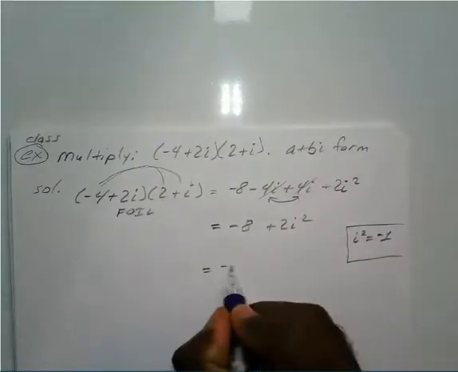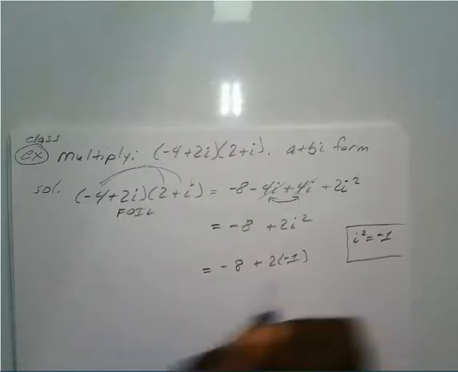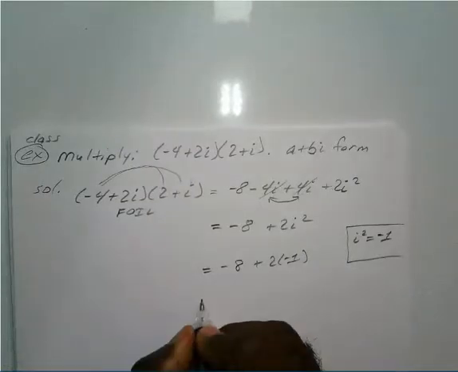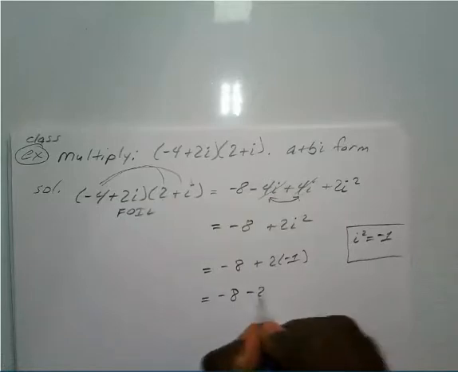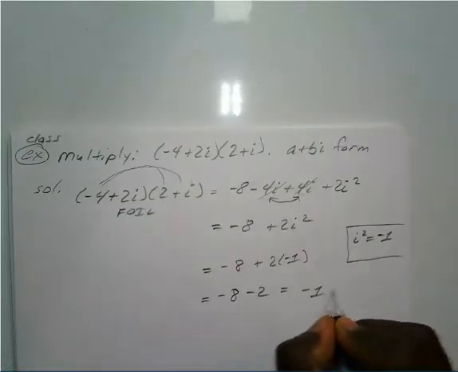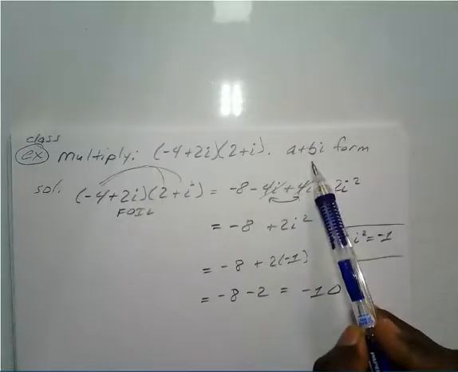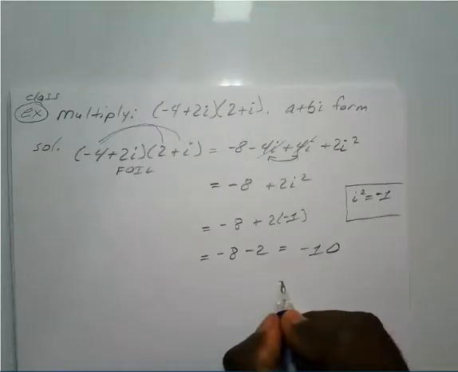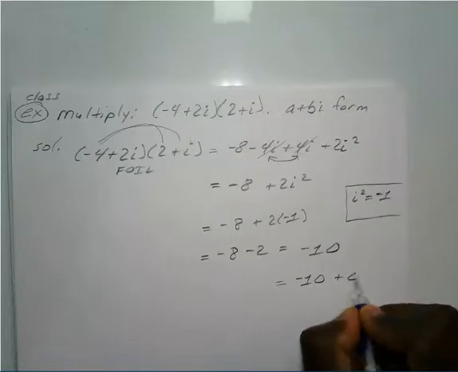So we end up with -8 plus 2 times -1, which ends up being -8 minus 2, which is -10. That's your answer, but it has to be in a plus bi form. So that -10 will become -10 plus 0i.